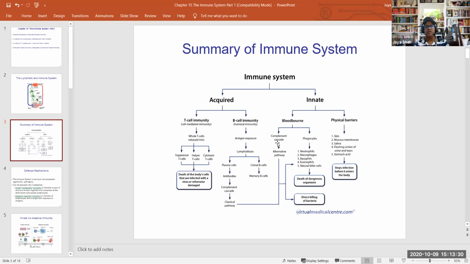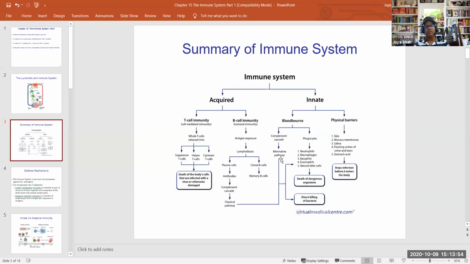When there is any microorganism invasion in our body, the complement system gets active and changes its structure. Then it clears the microorganism, induces our immunity, makes the microorganism weaker, and produces non-specific immunity.